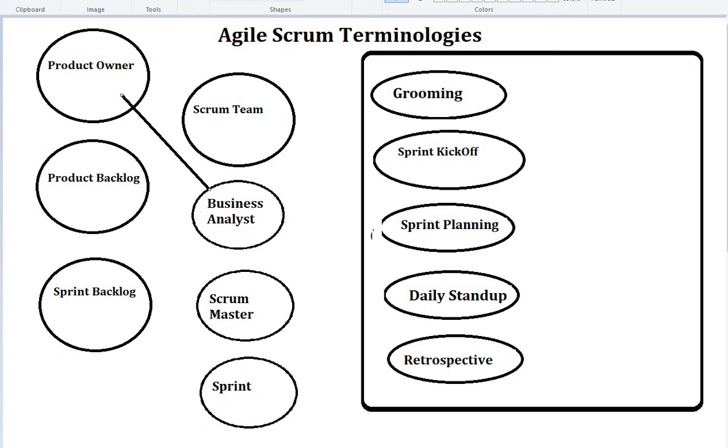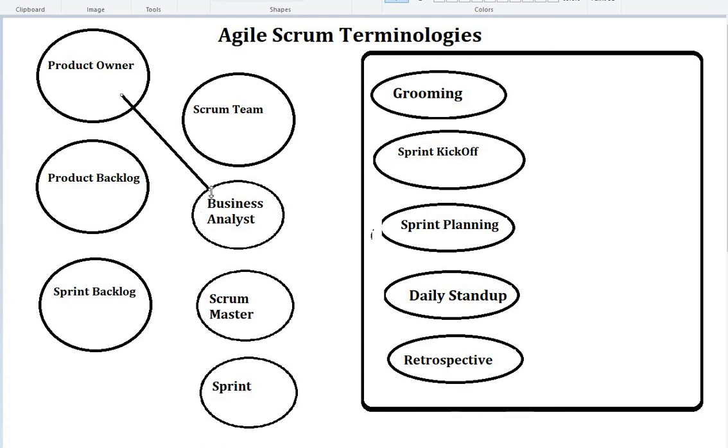Each requirement is going to be defined in some sprint planning tool like Jira or ALM or any of these.